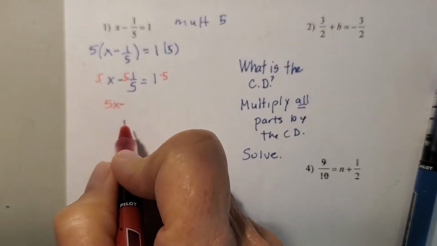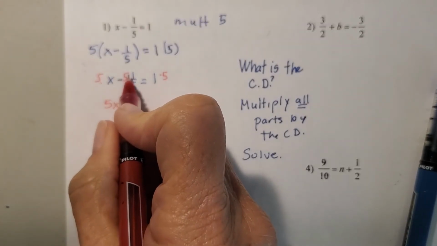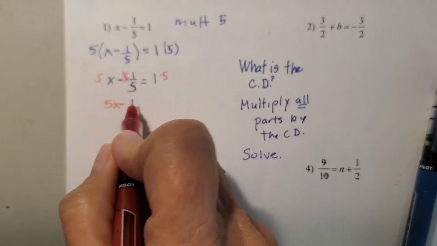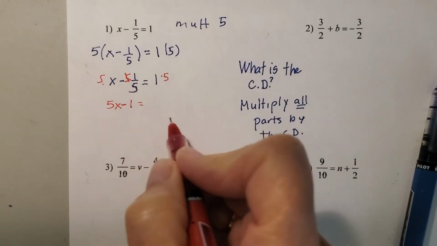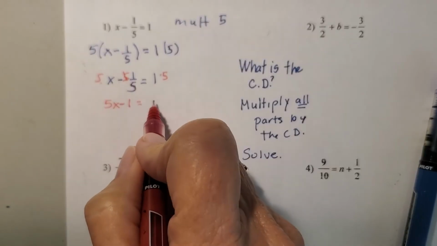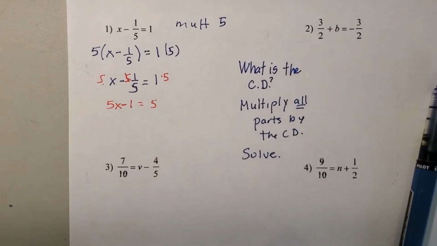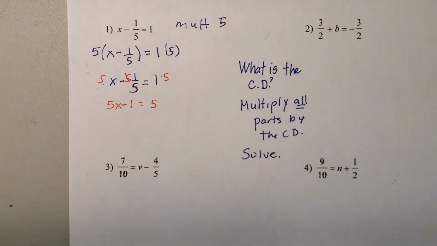Bring down the minus. 5 times 1 over 5, these 5's cancel, and we just get a 1. And then 1 times 5 is 5, and now we have this simple equation, and by simple I mean no fractions in it, to work out, and you would go ahead and finish solving this.